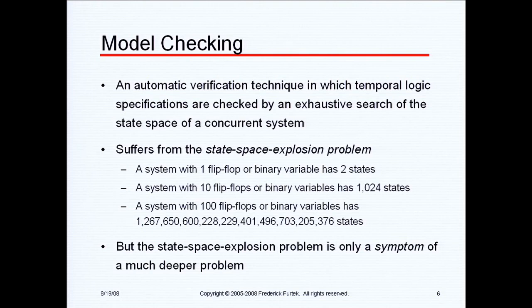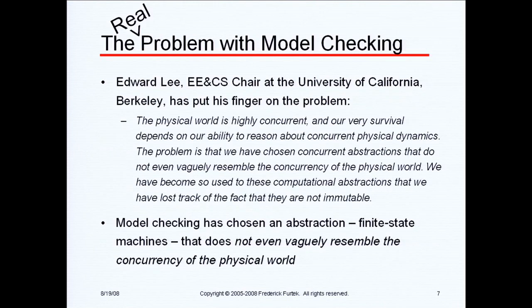However, as clever as they may be, at the end of the day, they're addressing only a symptom of a much deeper problem, and it is that underlying problem which must be addressed. And that problem was articulated extremely well by Edward Lee, who is chairman of electrical engineering and computer science at Berkeley.